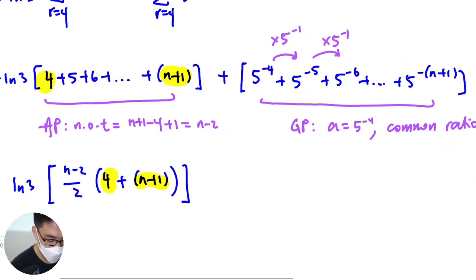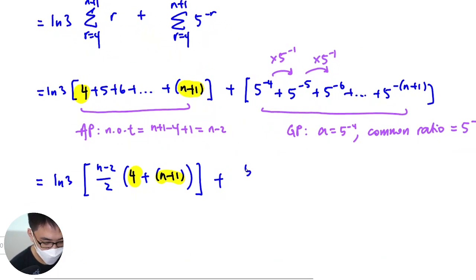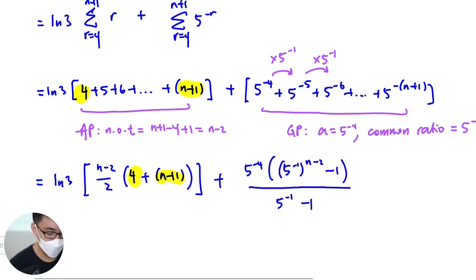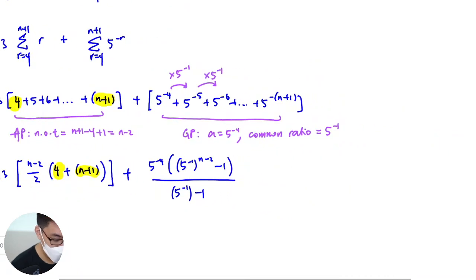GP, on the other hand, a, which is 5 minus 4, r^(n-2-1), 5 minus 4. So GP formula.